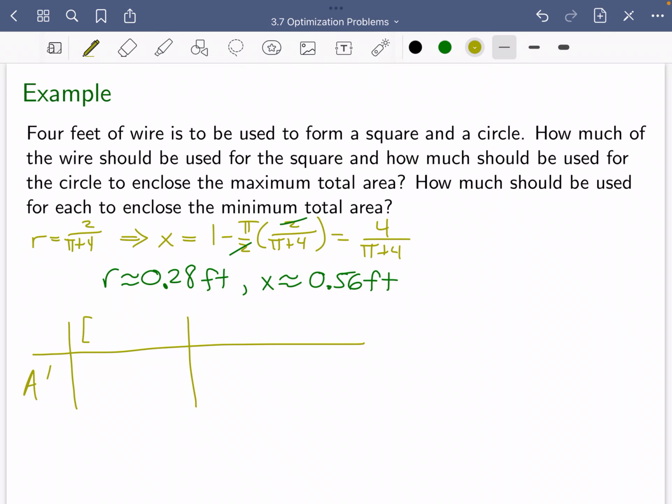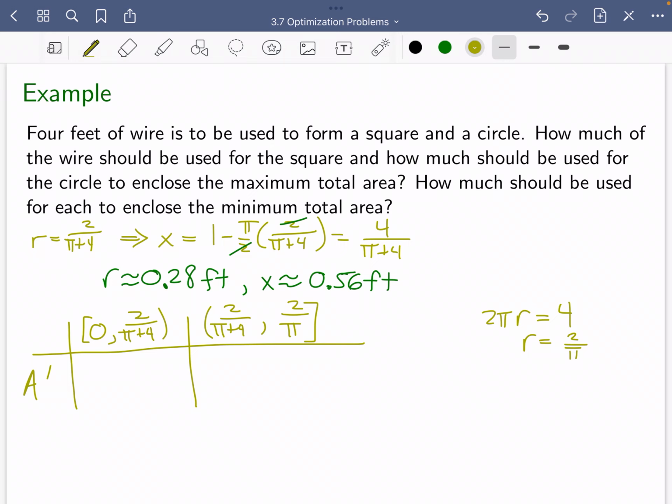Well, we could have 0, so no circle at all, it's all used in the square, so 0 up to 2 over pi plus 4, or 2 over pi plus 4 up to, if it's all used for the circle, then 2 pi r, the circumference of the circle, would be all 4 feet. So our radius would be 2 over pi.